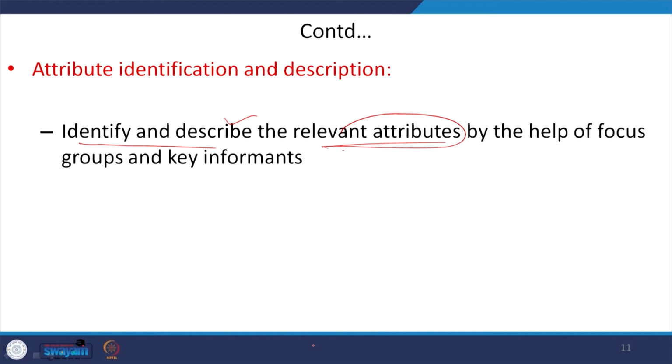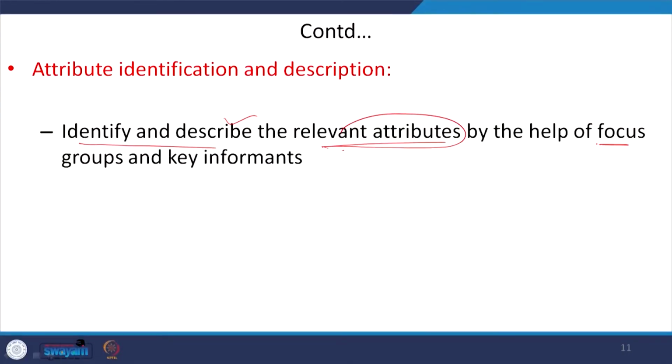So, in case of this pro-conservation program or pro-conservation policies, in our example, if you have to identify and describe the relevant attributes, then we must actually take the help of the focus group. So, who are the focus groups? They are the stakeholders, or somehow related to these particular attributes or particular goods and services and questions.